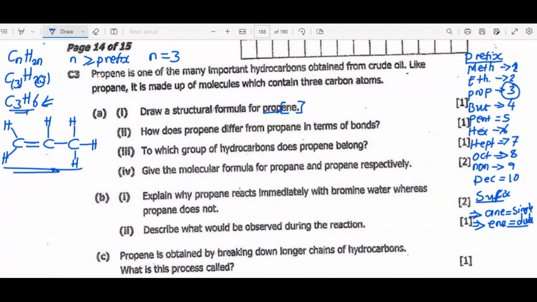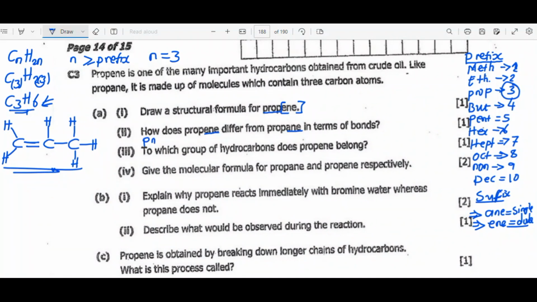Then Roman number 2, how does propene differ from propane in terms of bond? Propene, where we have the suffix of ene, has a double bond, while ane has only single bond.